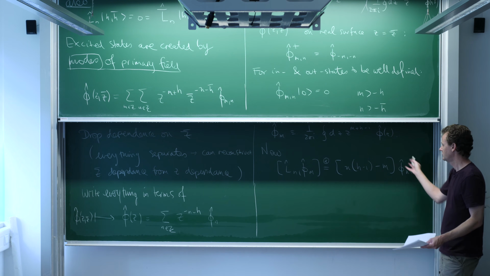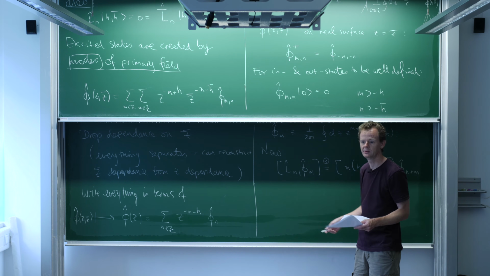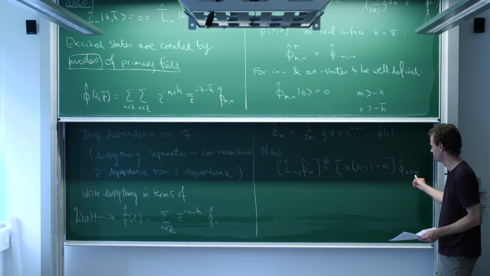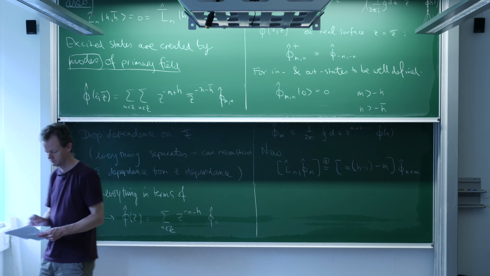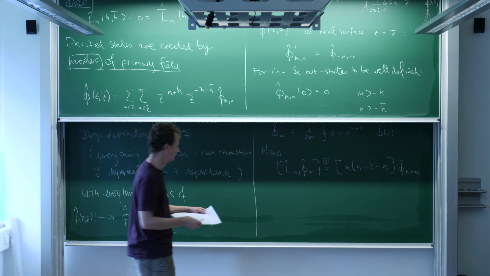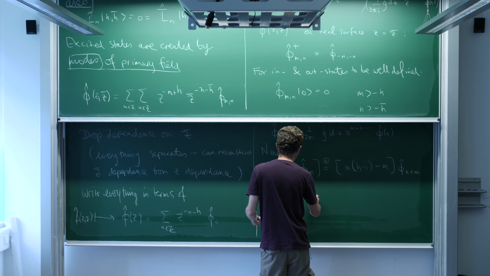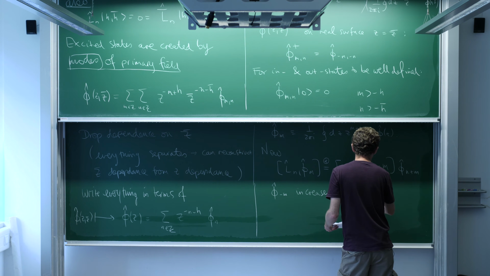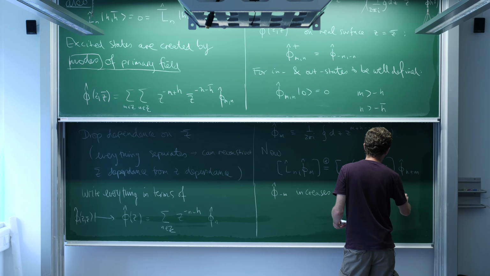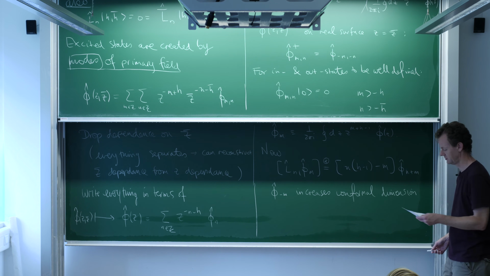And it's this behavior which shows us that these phi m's are kind of like raising operators or lowering operators. So these phi minus m's increase the conformal dimension by m.